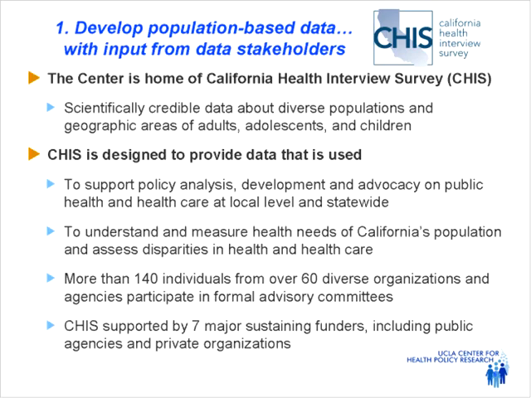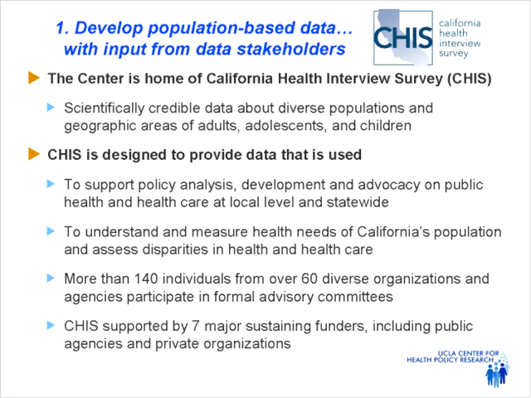The survey, the design, the questions, and the administration is guided by a series of work groups and advisory committees that draws on more than 140 individuals from 60 diverse organizations and agencies, community-based agencies, agencies in the state health department, other state agencies, funders, of which we have 7 major sustaining funders, including both private organizations and public agencies.